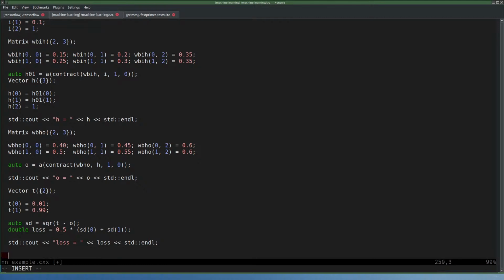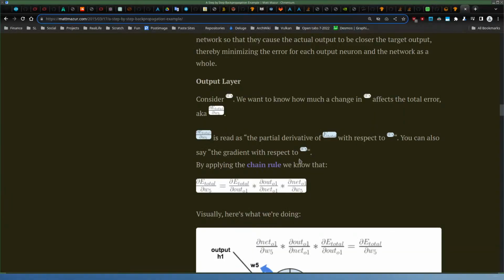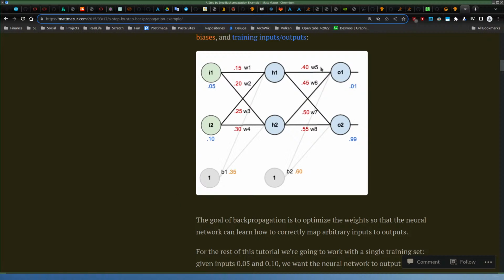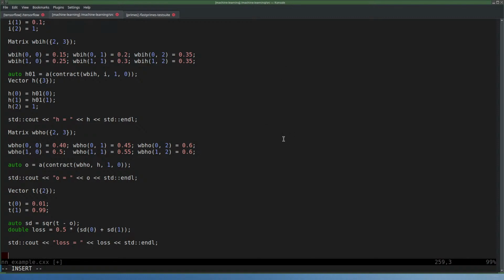So we did all that. Now W5 is, if you look at the image here, the 0.40, which is this one. So what we're going to do is change this value by a tiny little bit, let's say 0.0001. It's really tiny.